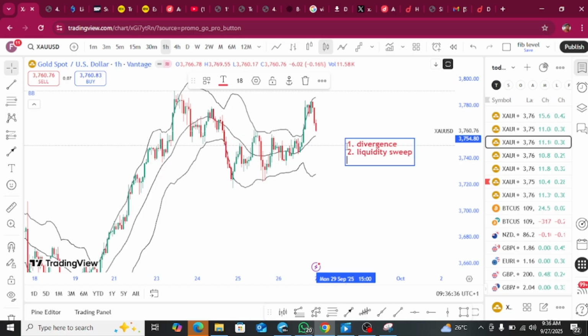And then number 3, they look out for an engulfing candle. These are the 3 things you need to see before you confirm your direction and then you take your trade.